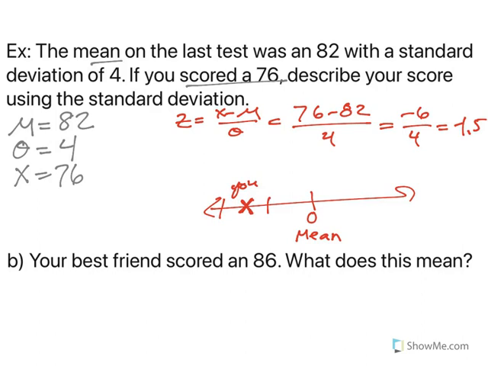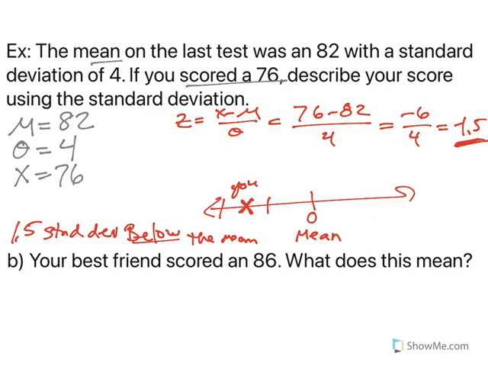So you are 1.5 standard deviations below the mean. And that should make sense because you know that 76 is less than an 82. You scored below the mean, and you scored 1.5 standard deviations below.